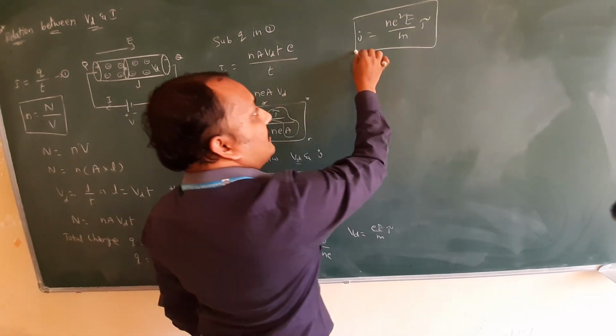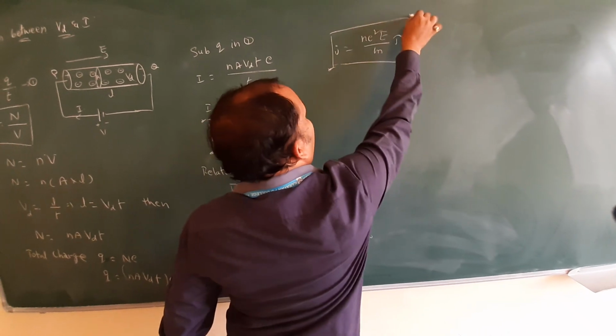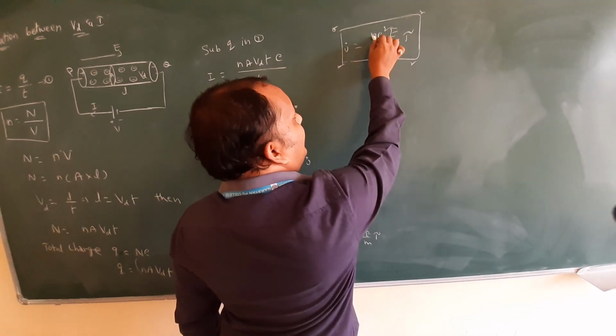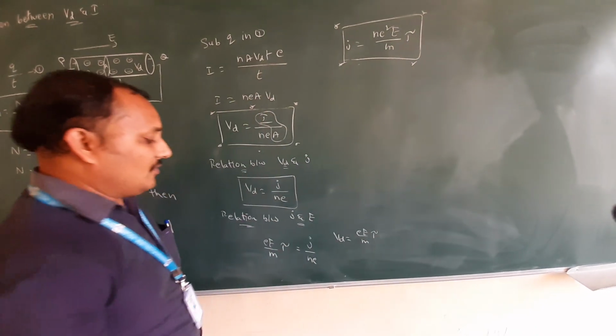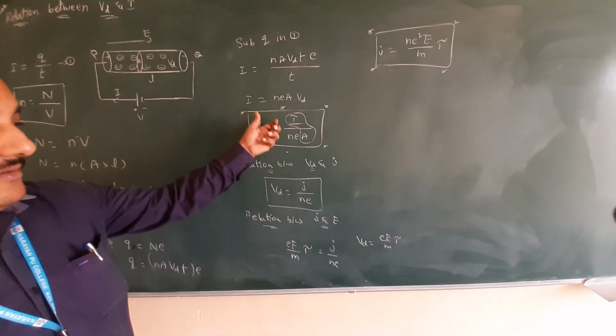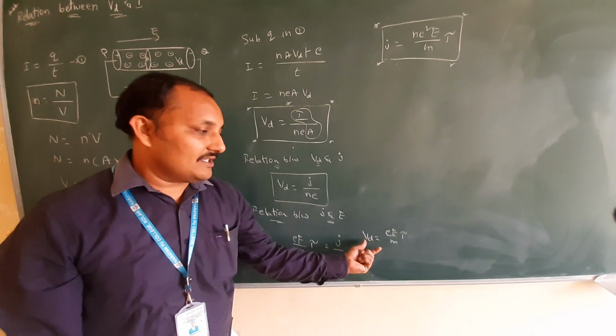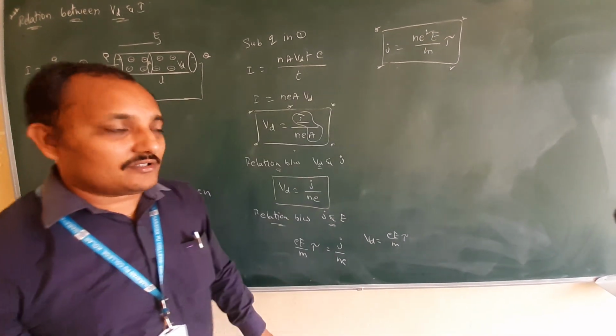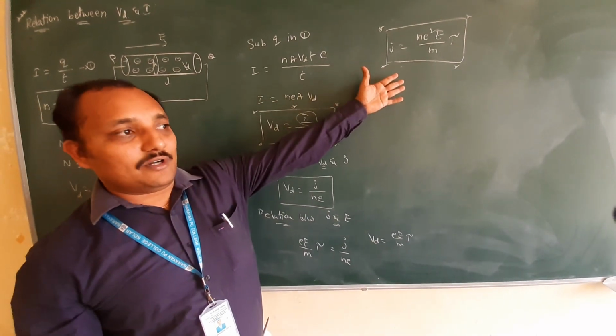They will ask to derive this equation sometimes: show that J is equal to ne squared E tau by m. At that time you have to derive it, and otherwise you can use the equation directly. Sometimes they will ask this for 5 marks, sometimes for 3 marks.